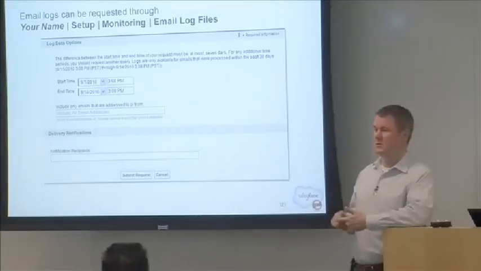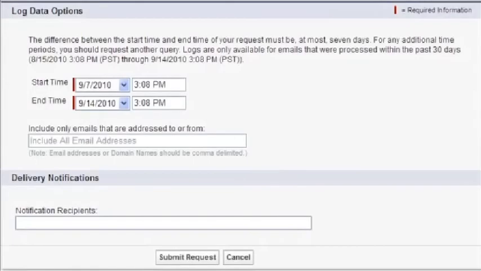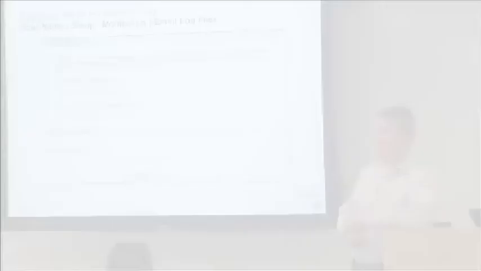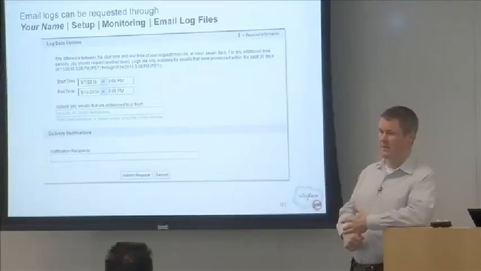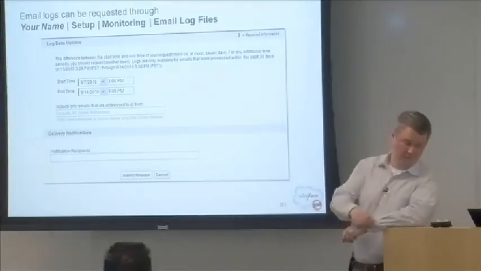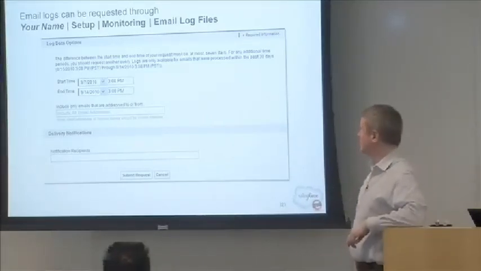And what it does is it returns for you a zipped up CSV file which contains who sent it, the date and time, and then the subject of the email. It does not capture the body or the attachments of the email. Okay, so it's not a full copy of the emails that we received.